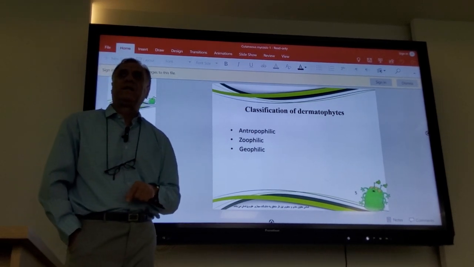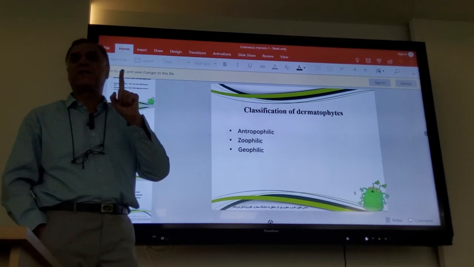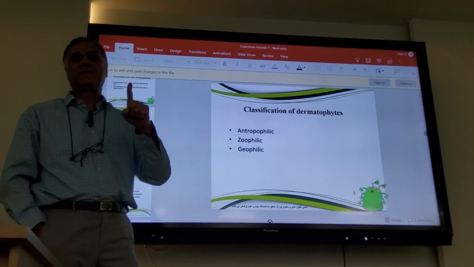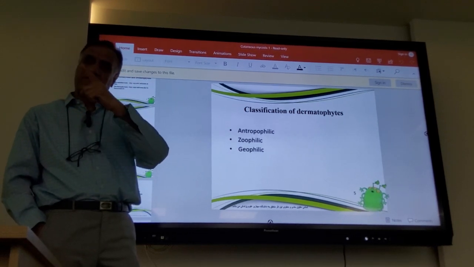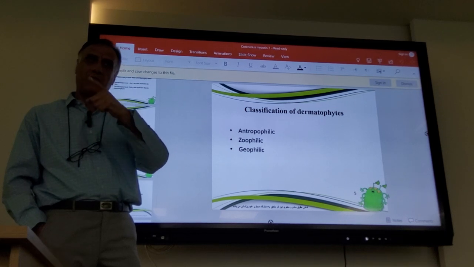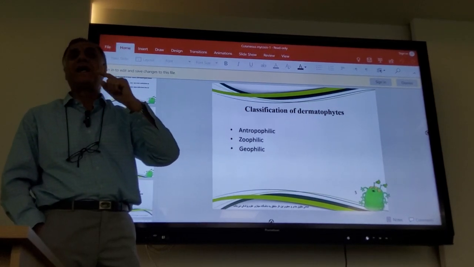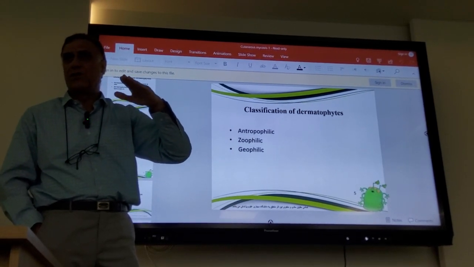These fungi lead to an acute reaction. But when a dermatophyte transfers from one person to another, the reaction is chronic, is low.